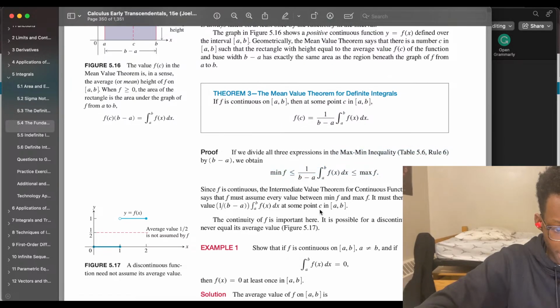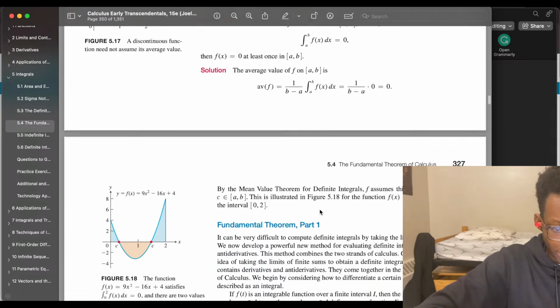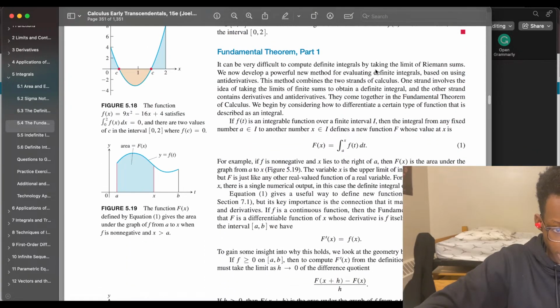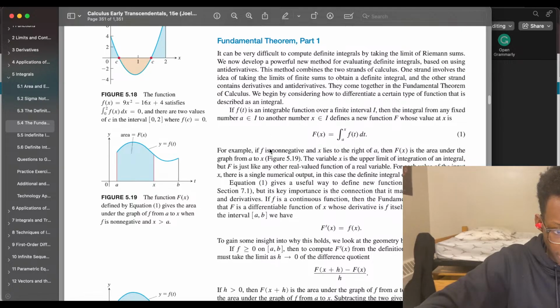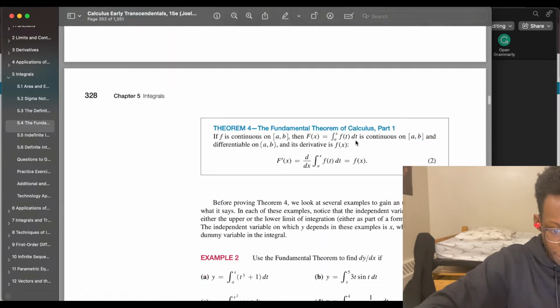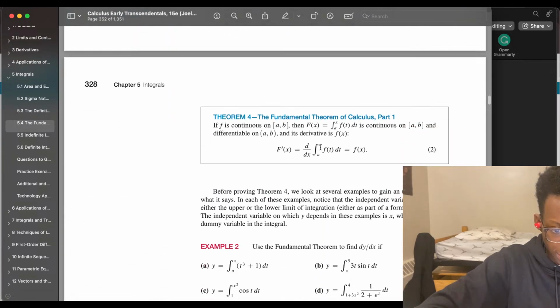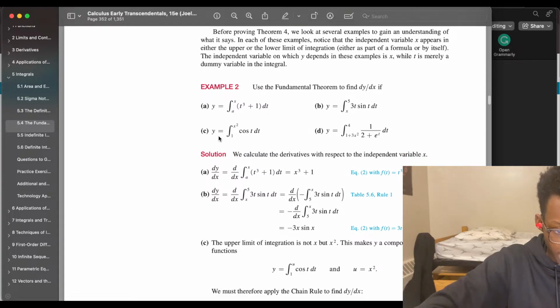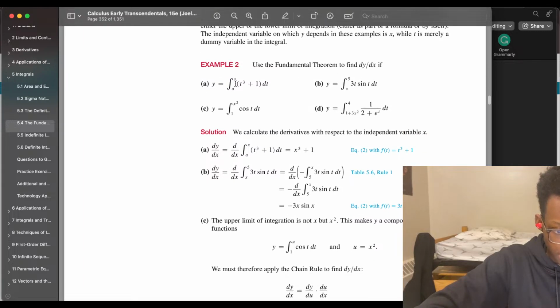So, what are we looking for? We're looking for something about B. It can be very difficult, but we now have a powerful method using antiderivatives, something that we did last week. But we need to find out how to find this x though. So we're going to find dy/dx.